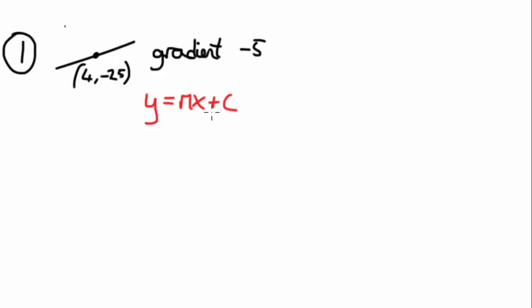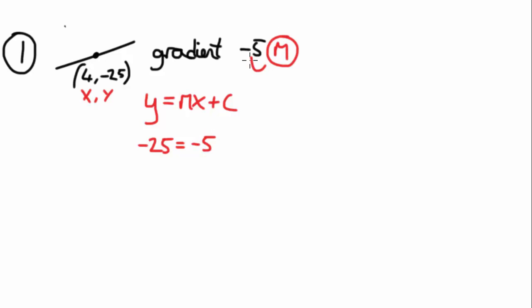That allows us to work out what c is. This point is just x and y. So we can say minus 25 equals, and we have minus 5, because remember the gradient is m.